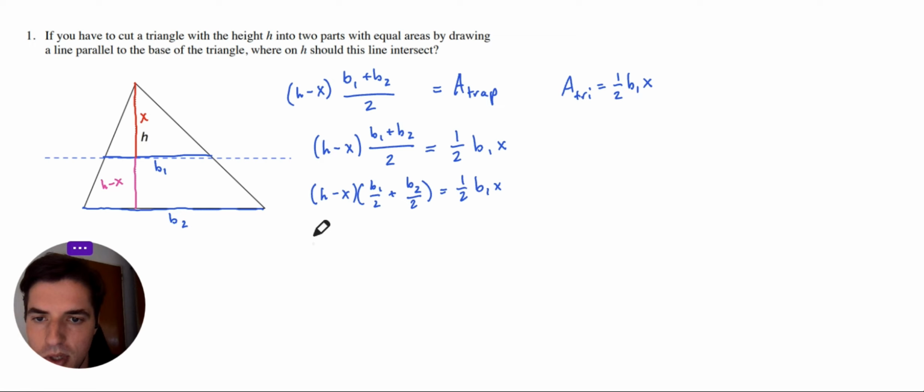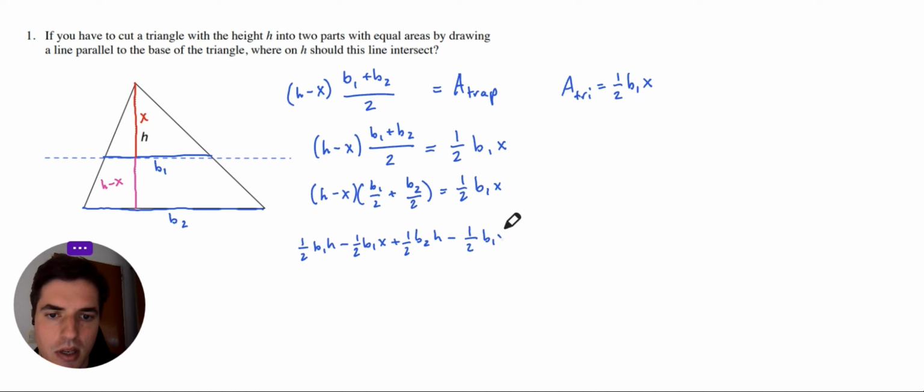And we distribute. We have 1/2 b1h minus 1/2 b1x plus 1/2 b2h minus 1/2 b2x equals 1/2 b1x.